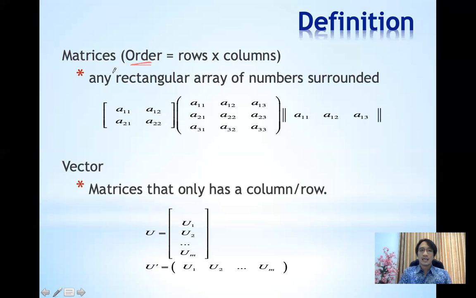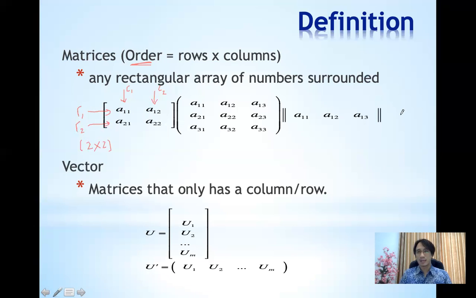So in this example, we have two rows. This is row 1 and row number 2, and this is column number 1 and column number 2. So we call this matrix order 2 times 2. How about this one?